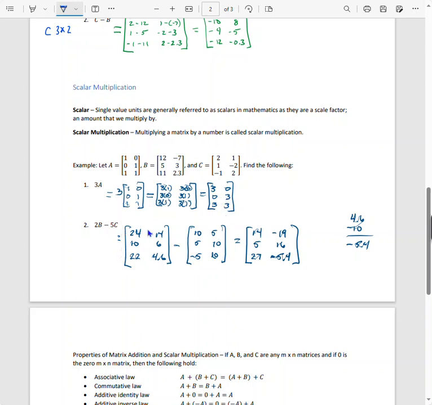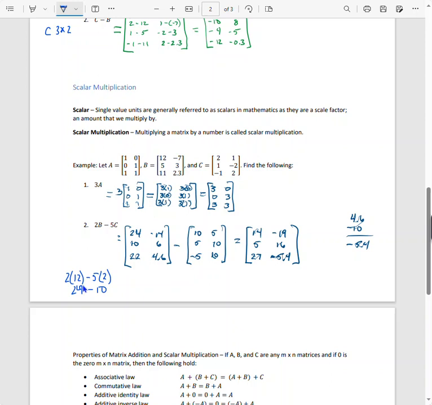But you see, we could also do linear combinations. We could do 2B minus 5C. So here, I take 2 times row 1, column 1 in B, minus 5 times row 1, column 1 in C. I've written them separately.